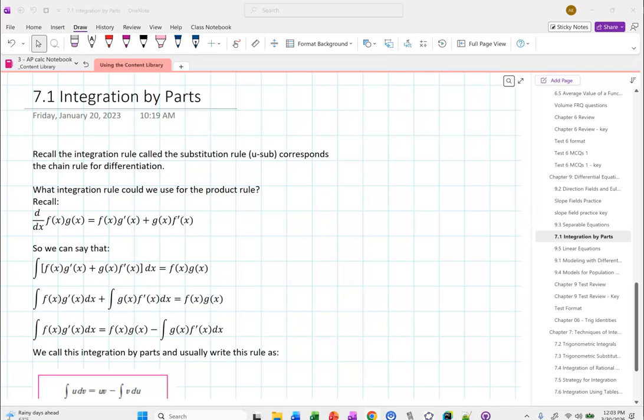Okay. We're going to start, in section 7.1, by talking about integration by parts. We've seen that when we do derivatives, we have three main derivative rules: chain rule, product rule, quotient rule, right?